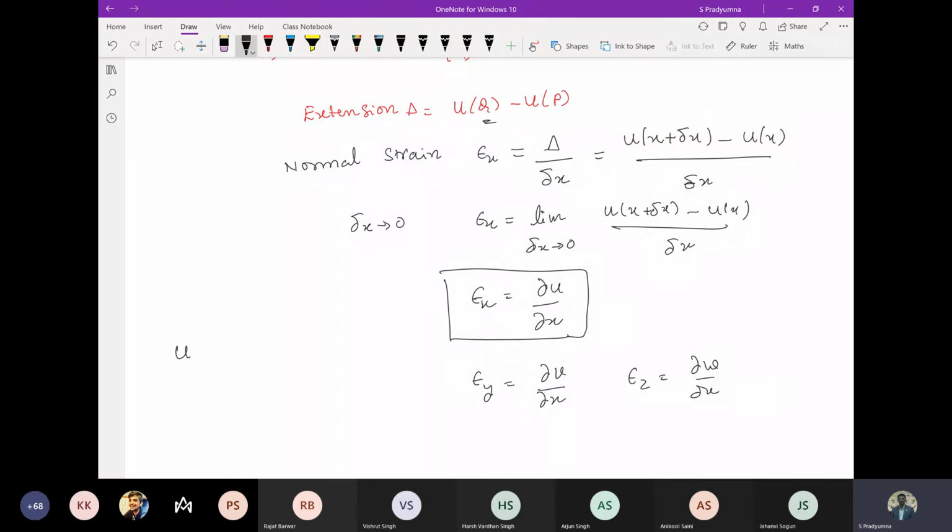So here u, v and w are the displacements along x, y and z directions.